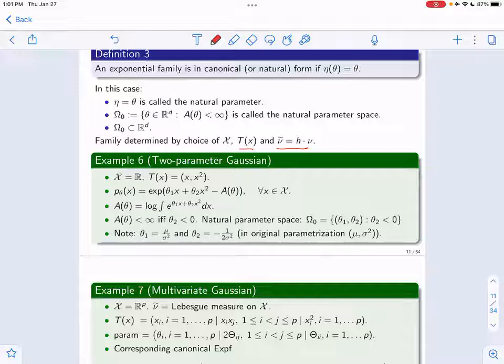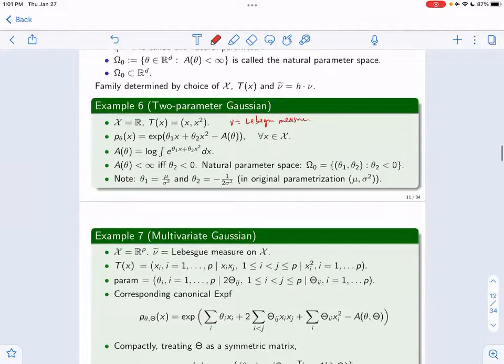If I, for example, pick x to be R, take T of x to be this, and take nu to be the Lebesgue measure, then the family would have this density. It's a two parameter family, and A is like this and has to be finite.